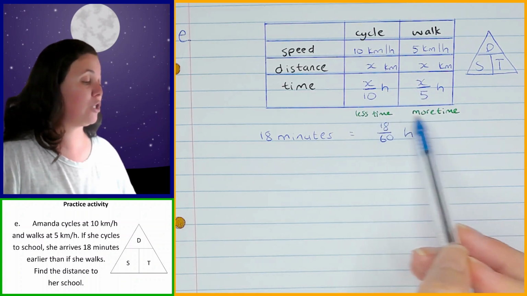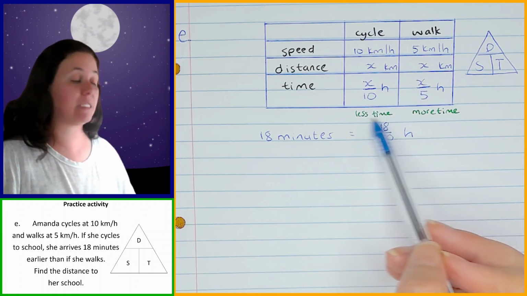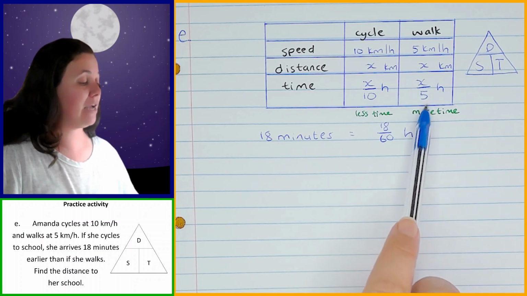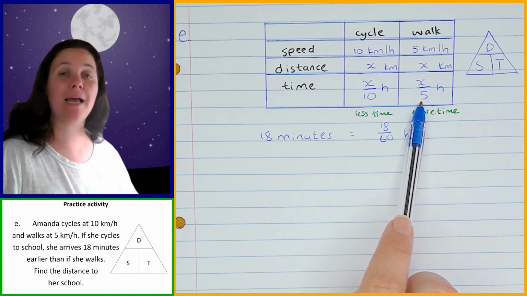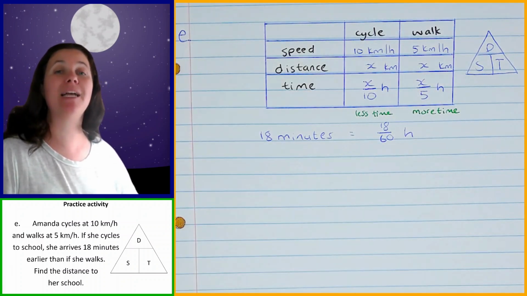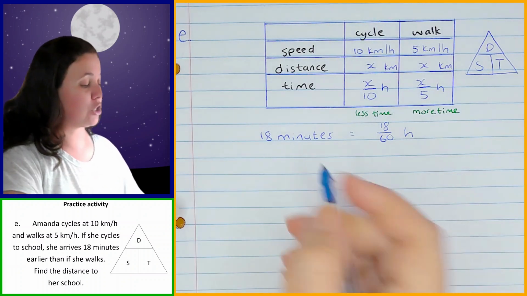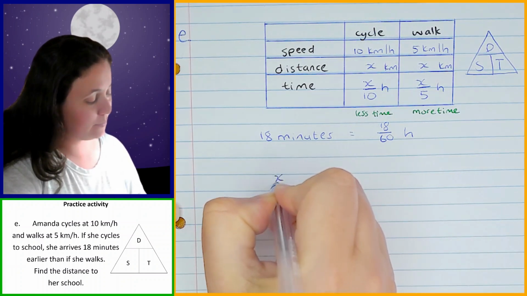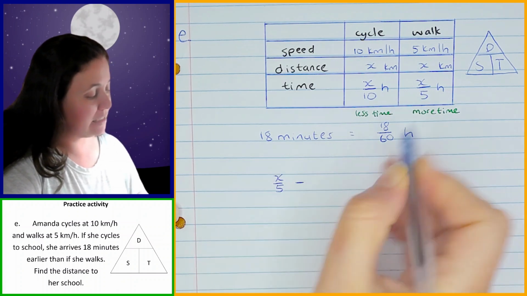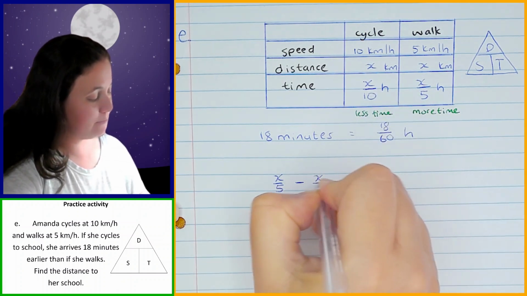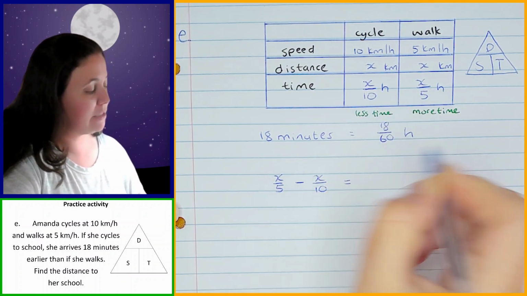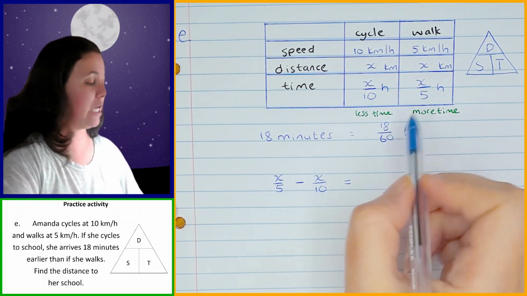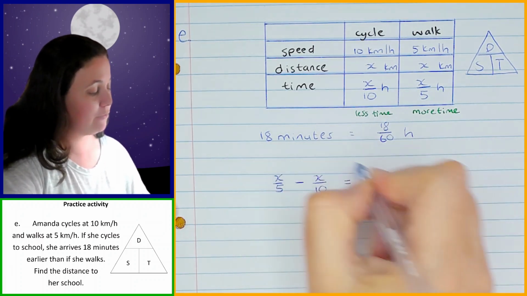That's why you need to know which one is bigger and which one is smaller. The x over 5, which is the time she takes to walk, is the longer time, the bigger amount. So it's going to be x over 5 minus x over 10. And that gives me the difference between the two times, which is 18 over 60 for the 18 minutes.